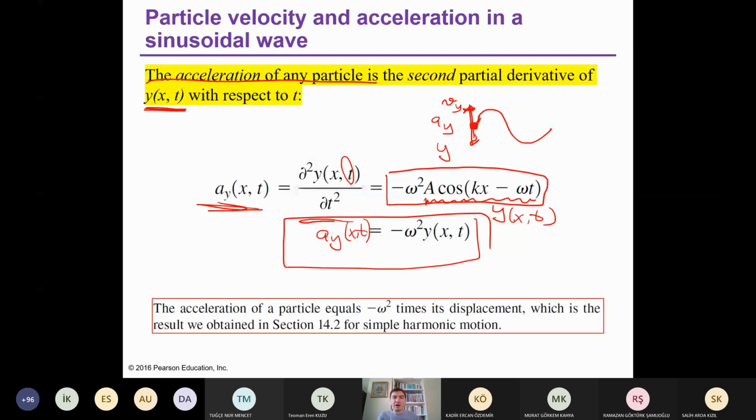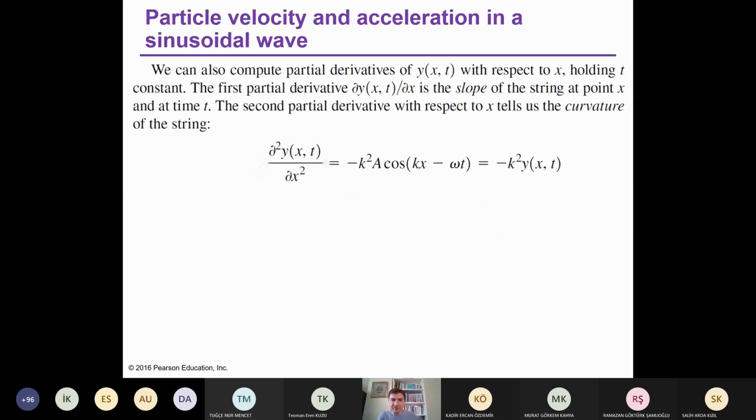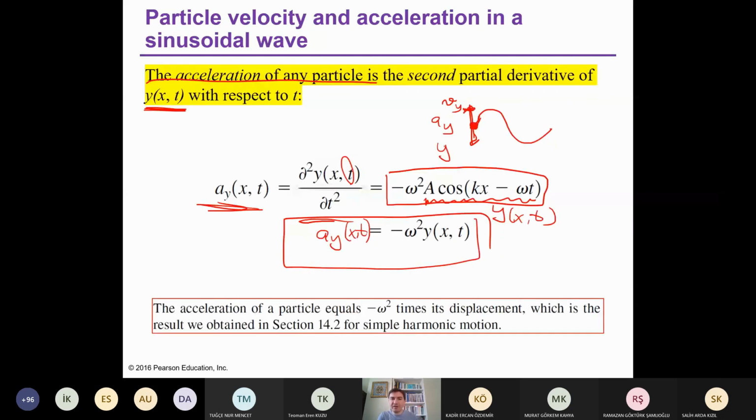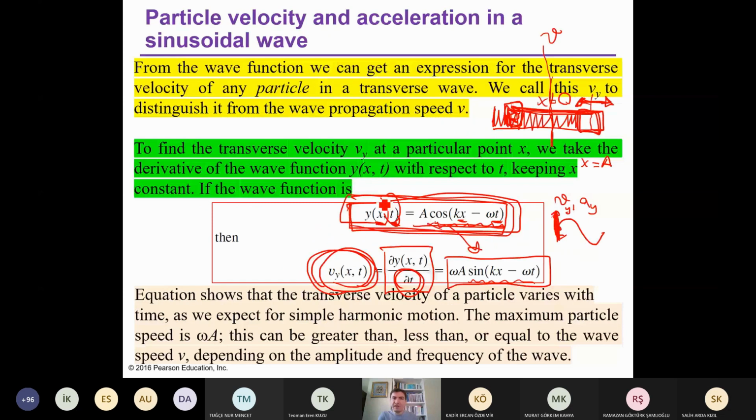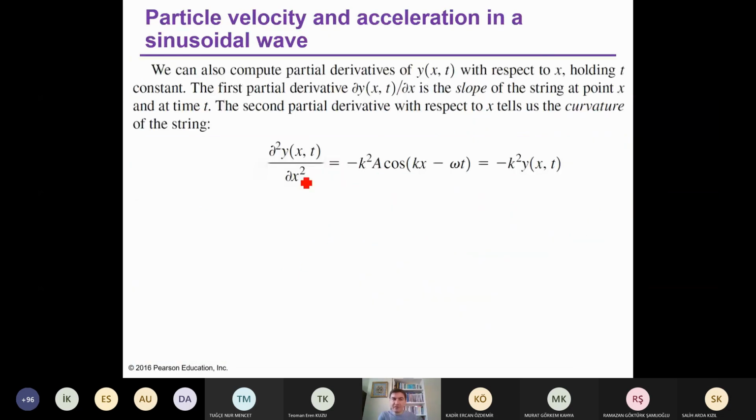So up to now, I derived this equation as a function of time. But what happens if I take the x derivative of this equation? Here, just take the second partial derivative of this equation with respect to x, okay?